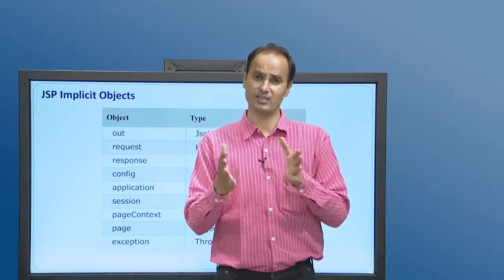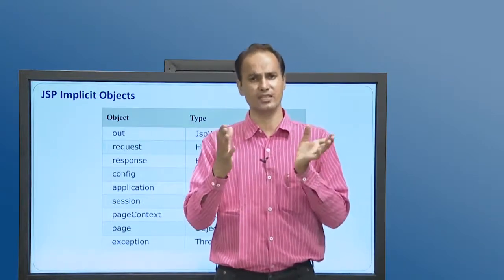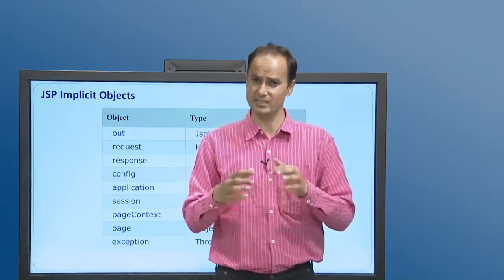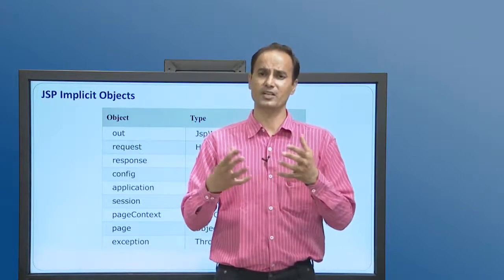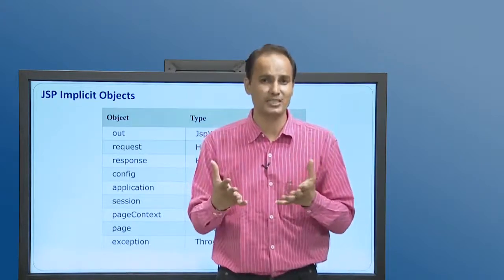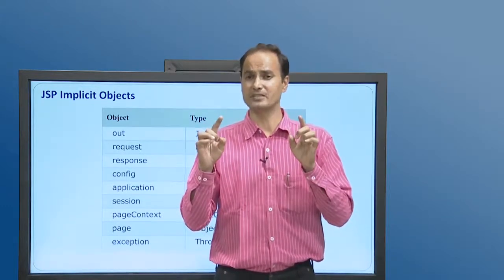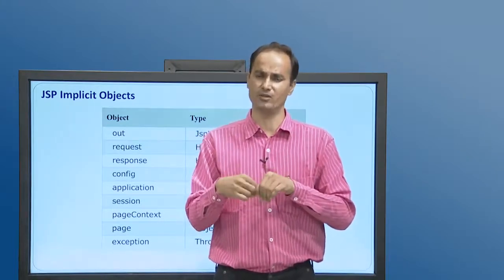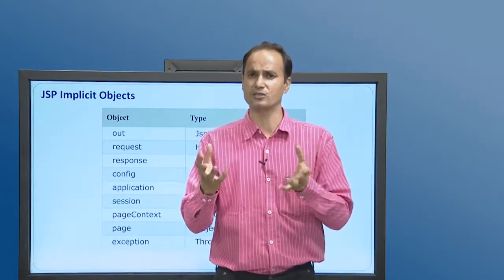Generally, if you want to have access to objects, we need a class, we need to define its instance, and then we can access it. But JSP delivers an efficient mechanism to the user in terms of implicit objects. The name indicates implicit, that means they are implicitly available to the JSP page from the container. We don't need to define them explicitly to access them.